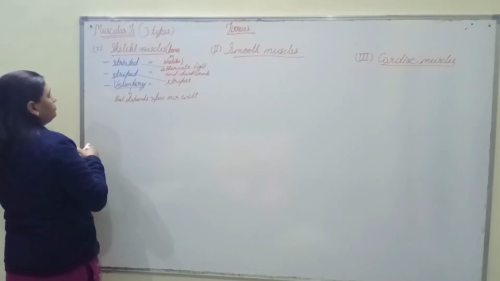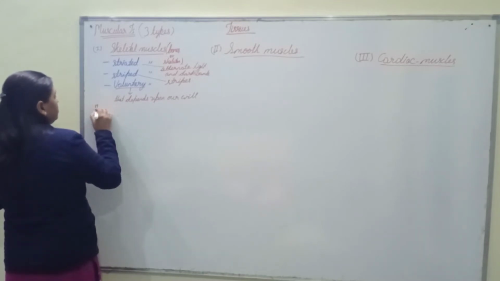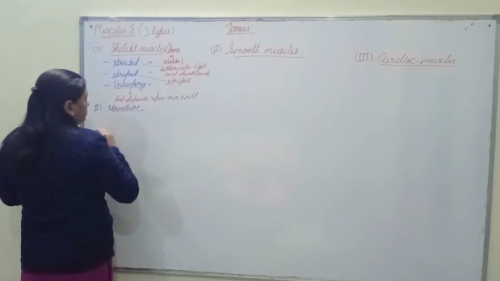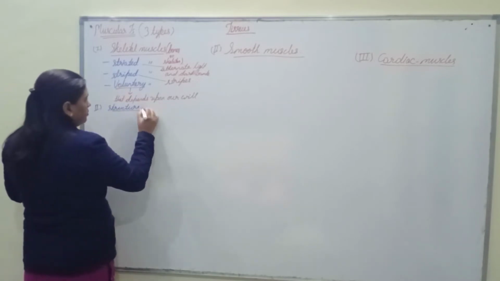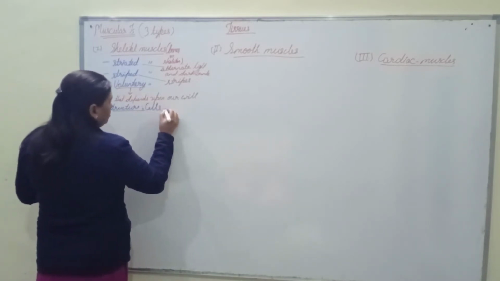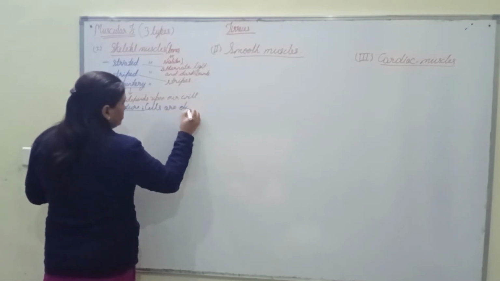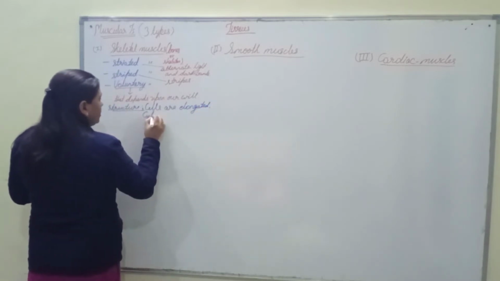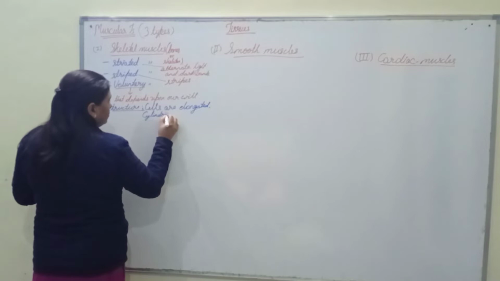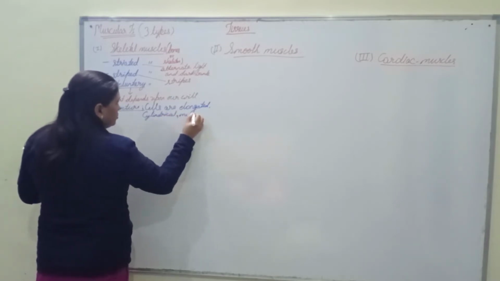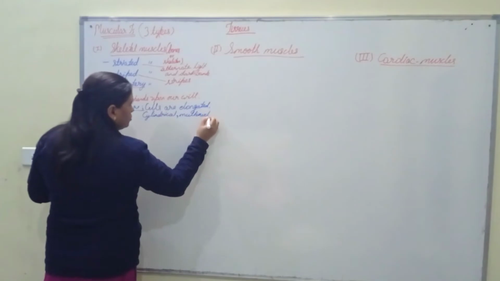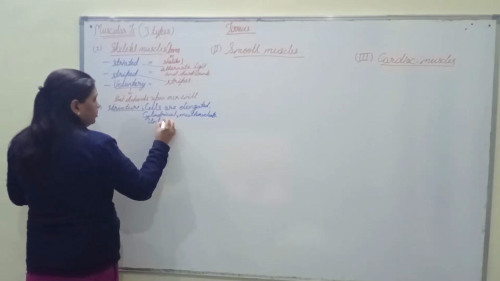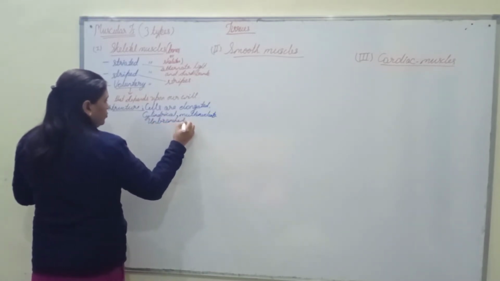Now the structure of skeletal muscles. Cells are long, elongated, cylindrical shaped, multinucleate and unbranched.